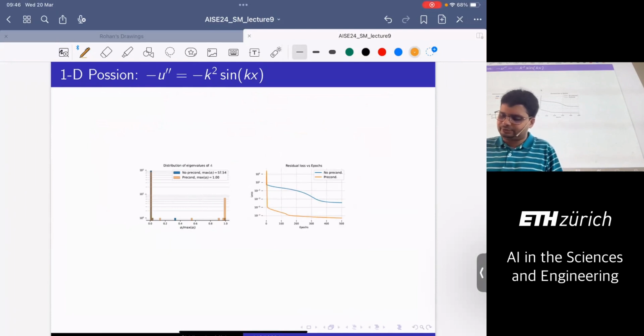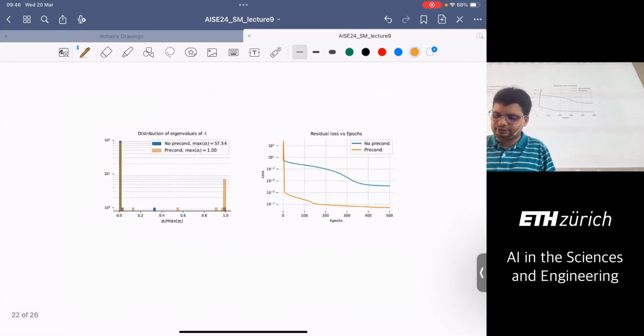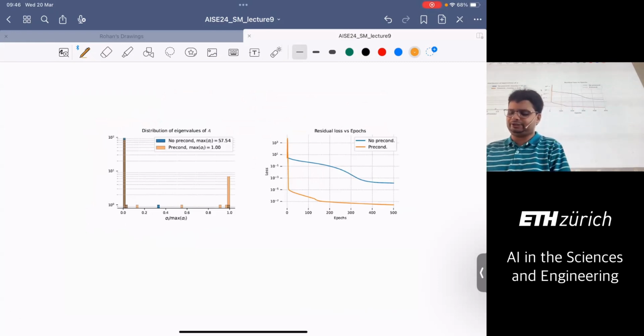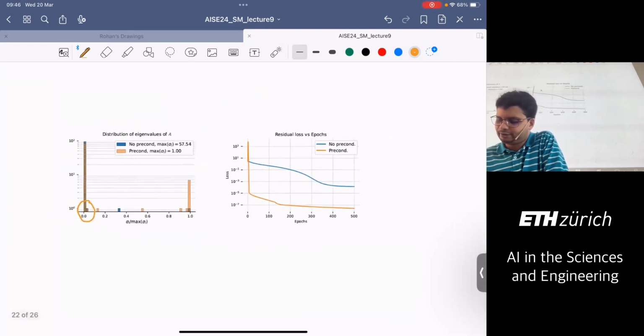So this is with neural networks, I think. Let me look at the distribution of eigenvalues. These are genuine neural networks, I think shallow neural networks, one layer with a hyperbolic tangent function. And essentially, you have lots of zero eigenvalues. This is well known. But the point is, if you don't precondition, then in this case, okay, it's not as bad.